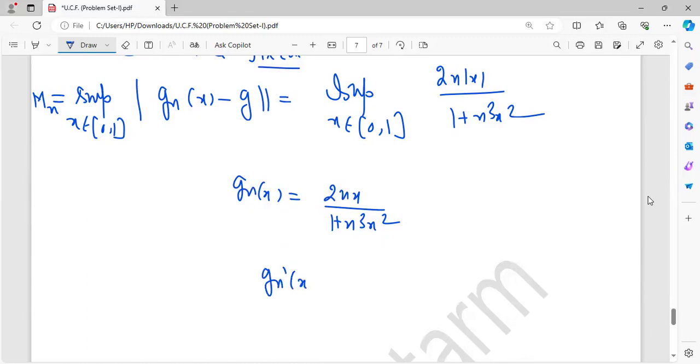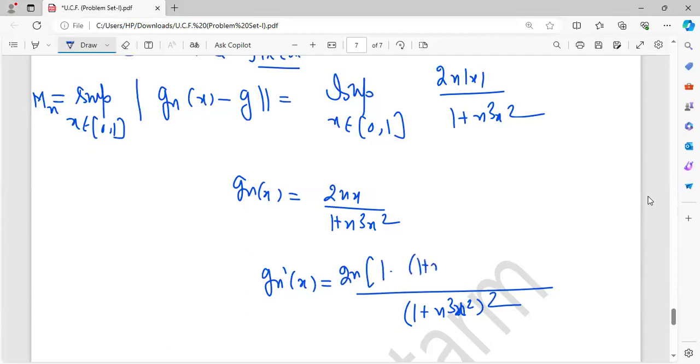gn dash x is equal to, what is this? 1 plus n cube x square, 2n will come out. Derivative of x is 1. 1 plus n cube x square minus x times the derivative of this, n cube into 2x.